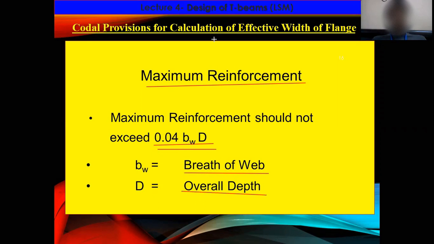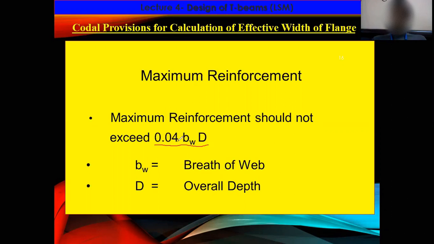We have to follow the IS codal provisions, so whatever you decide, the tension reinforcement should be less than the maximum reinforcement and greater than the minimum reinforcement.